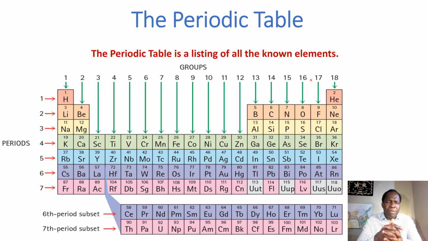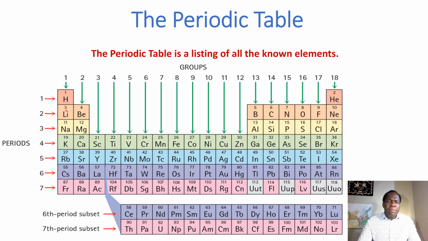When you take the periodic table, the vertical columns are the groups. We have 18 groups, and then we have 7 periods. In a group, the elements have the same electrons on their outermost shell.